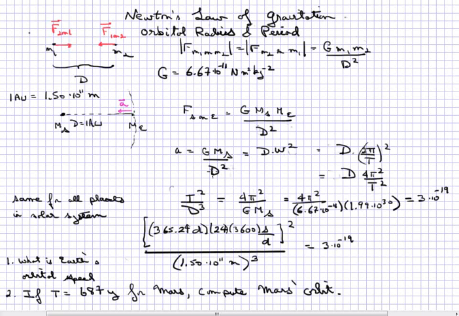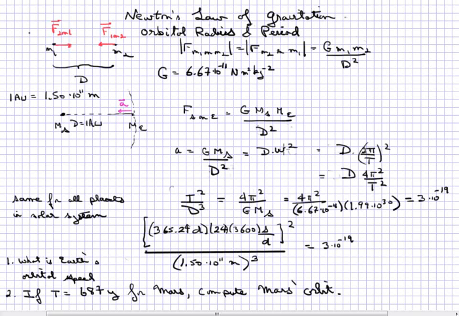But because Earth is executing UCM, we know that the acceleration will also be d times omega squared, because d is essentially the radius of the Earth's orbit, and omega is the angular frequency.